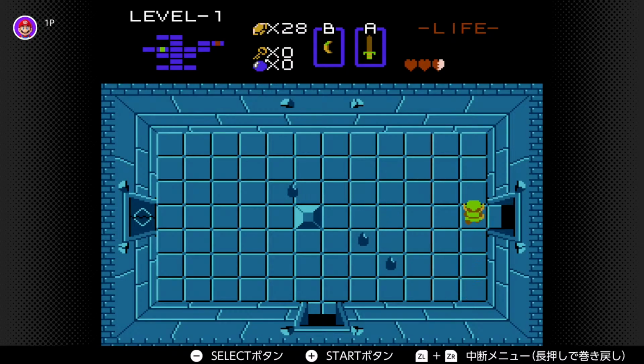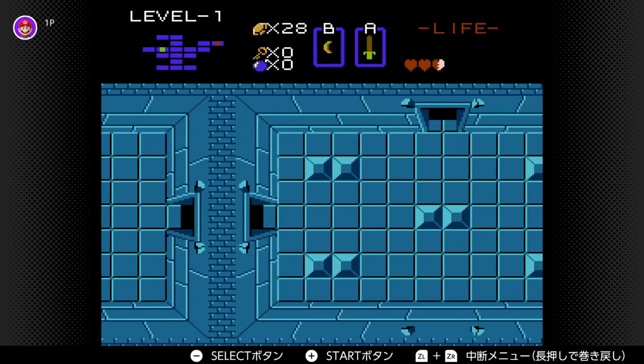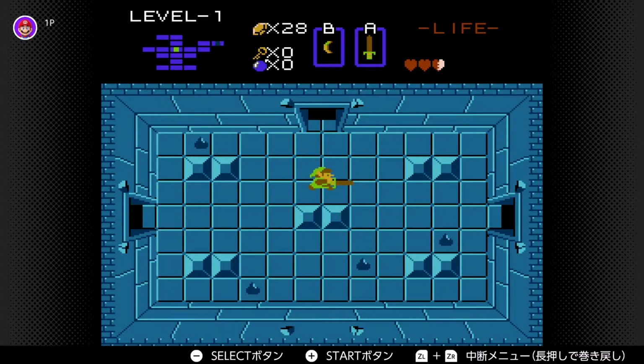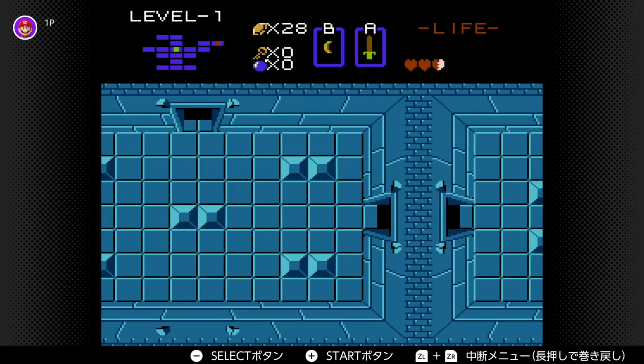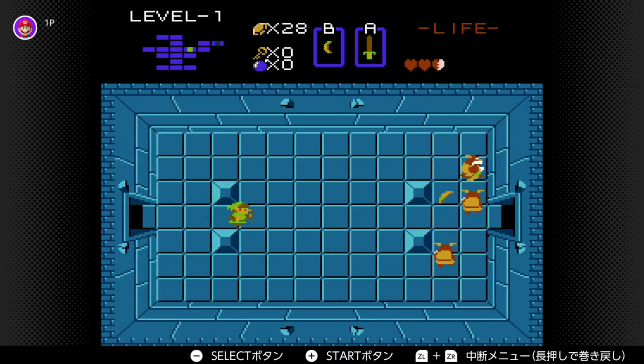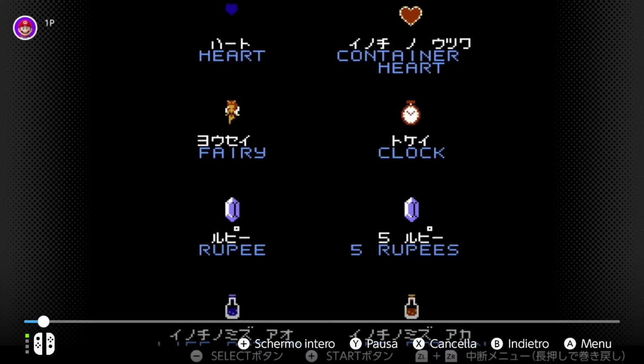Okay. Let's see. Okay. Okay, we are back here against the gorillas. Let's quickly defeat them. Though we don't need to. Well, good thing we did, as we got some bombs. Let's check them in the items.